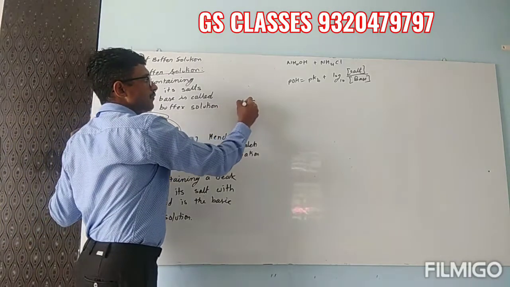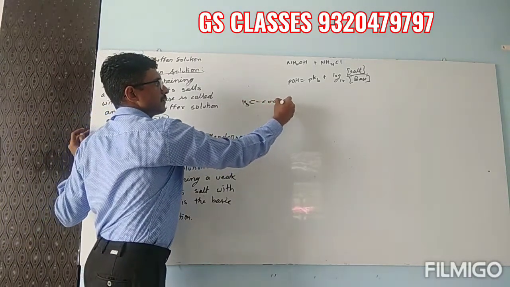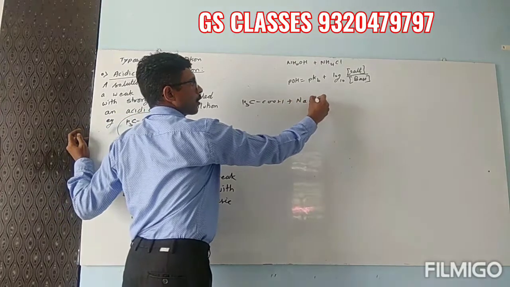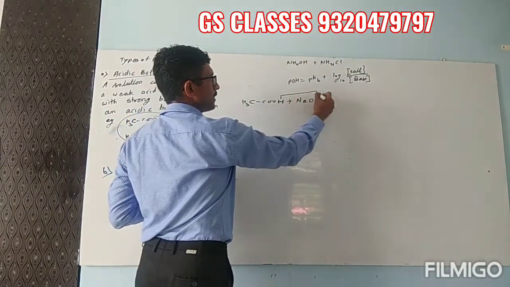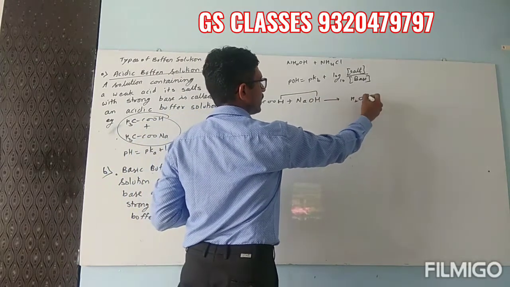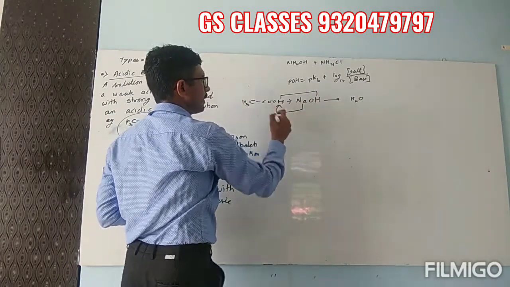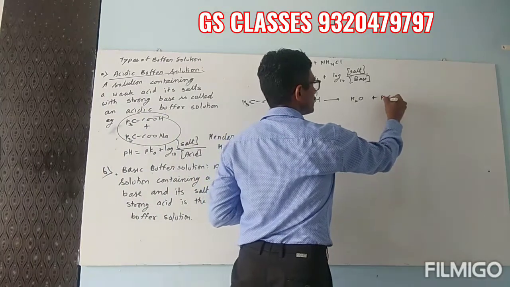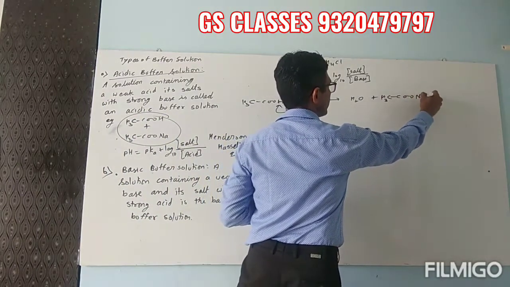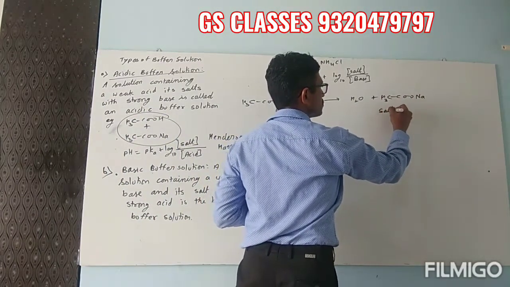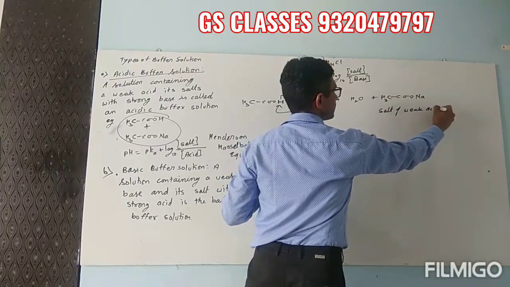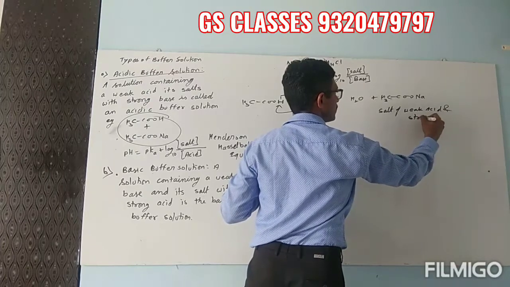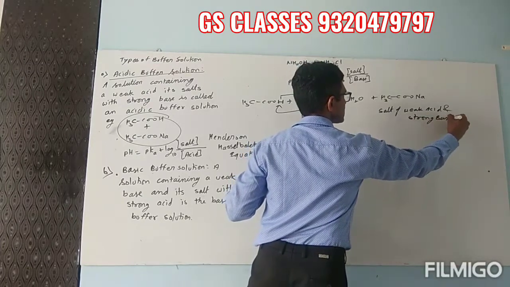Suppose I am taking a weak acid like acetic acid and treating it with a strong base, sodium hydroxide. H and OH will combine to form water, and this will come here to form CH3COONa. This is known as the salt of a weak acid and strong base.